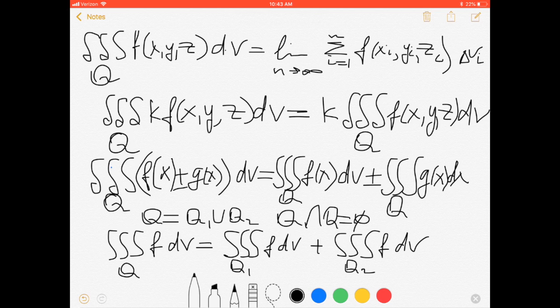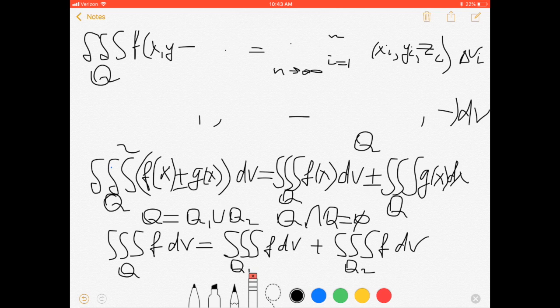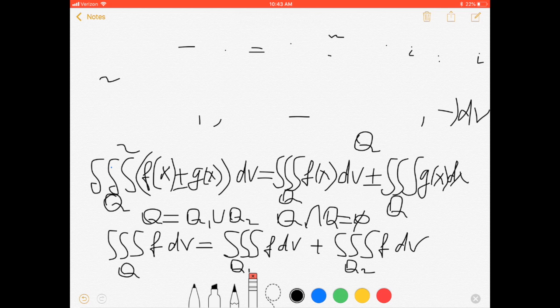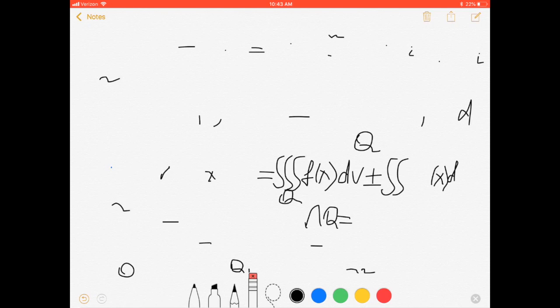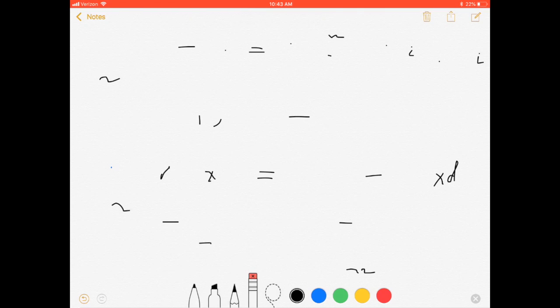Great. But how can we compute our integrals? Okay, I'll clear here. And here we have some formulas.